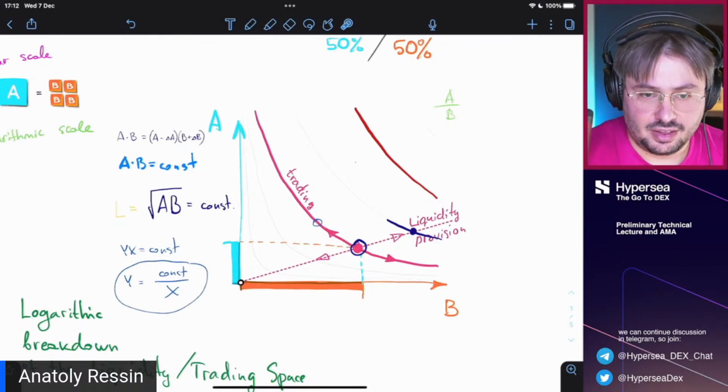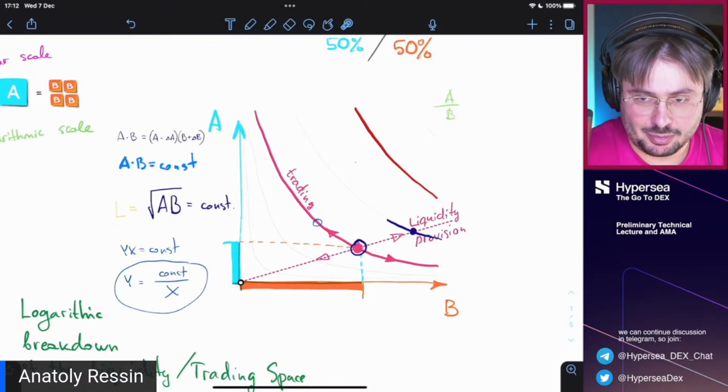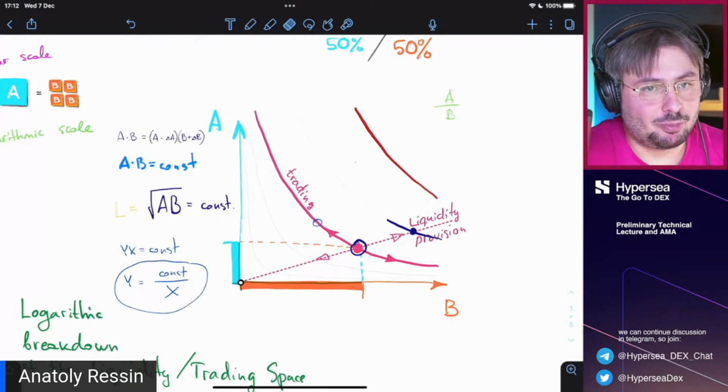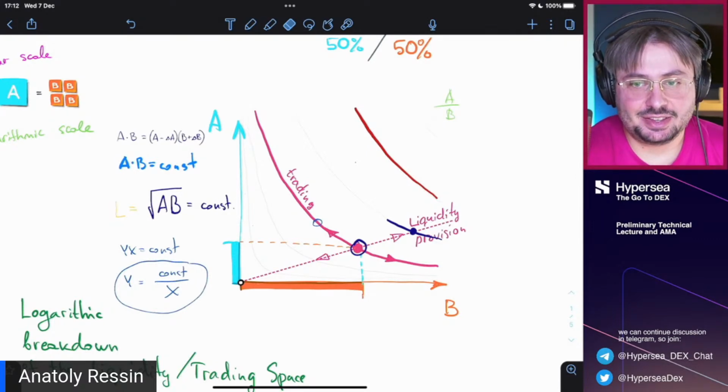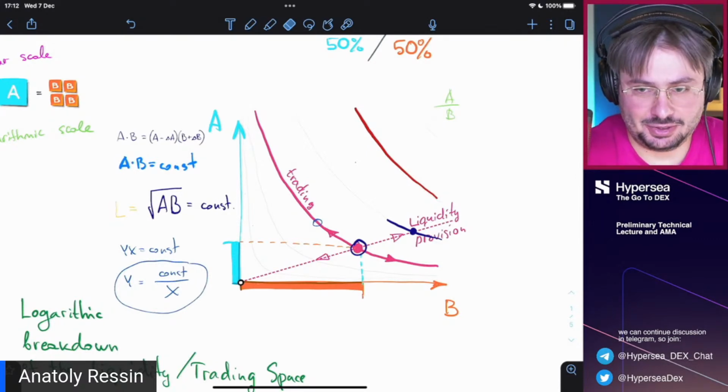But the problem, how it was presented by Uniswap version 3, they didn't say that their curve is inadequate.